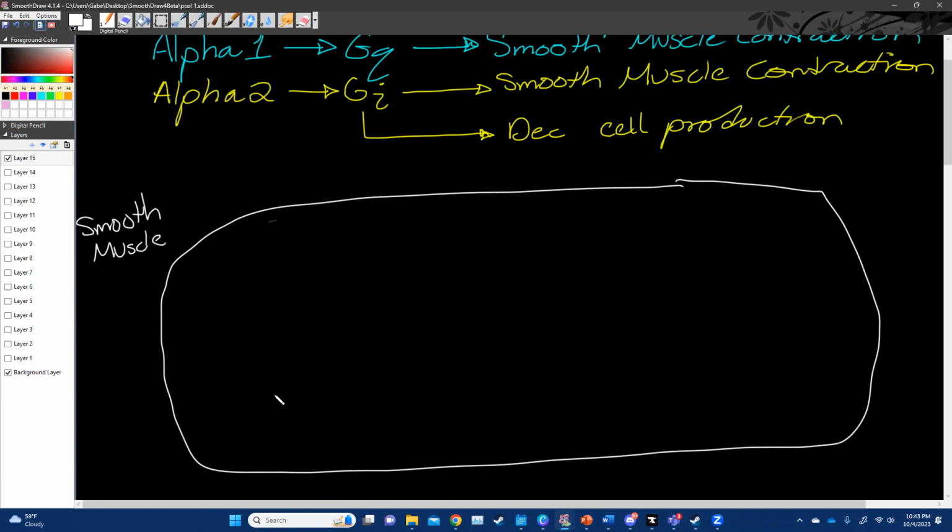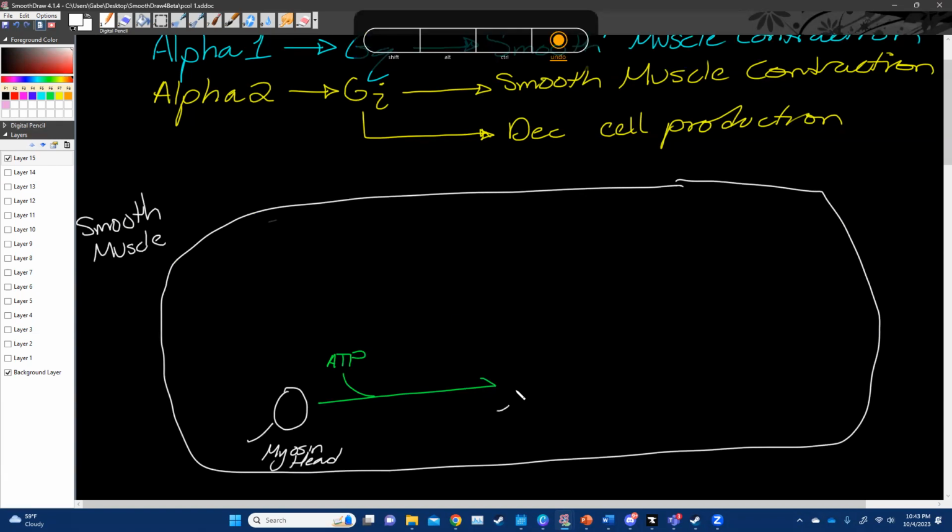We know, based on what we talked about with beta, that in order for it to contract, the myosin head is phosphorylated via ATP. So ATP interacts with the myosin head, which phosphorylates the top and causes the muscle contraction.